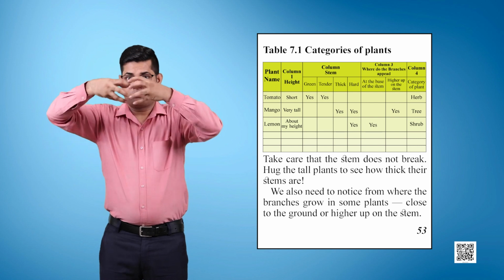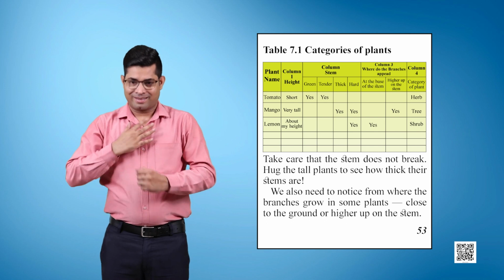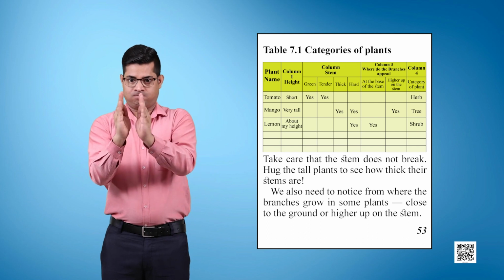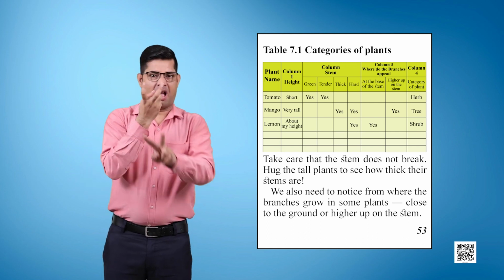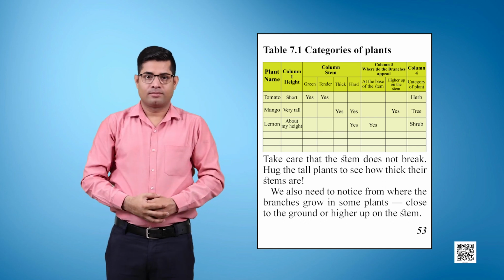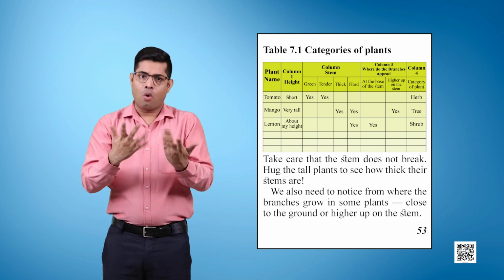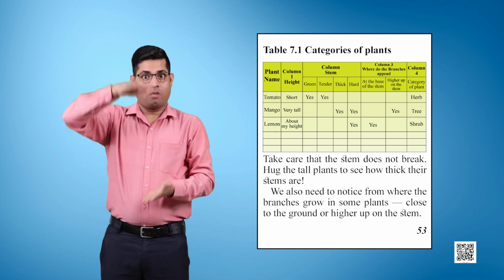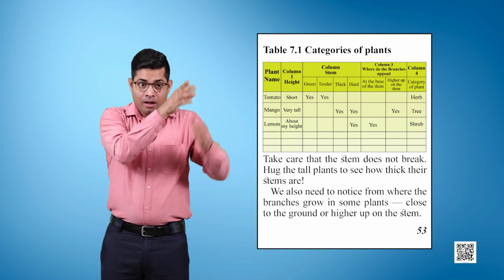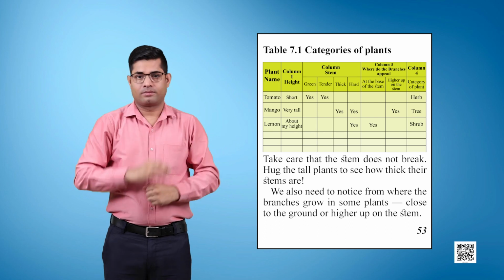Column 2 is subdivided into 4 categories: green, tender, thick, hard. Column 3 is also subdivided into two: at the base of the stem, higher up on the stem.